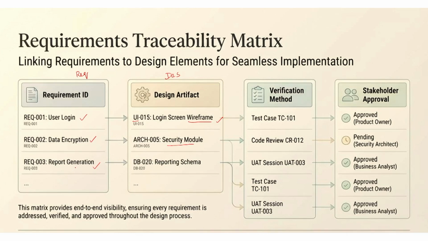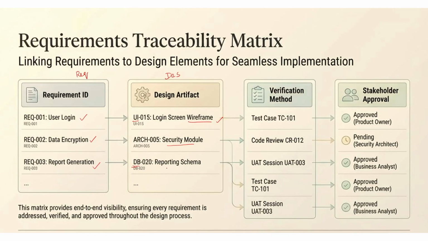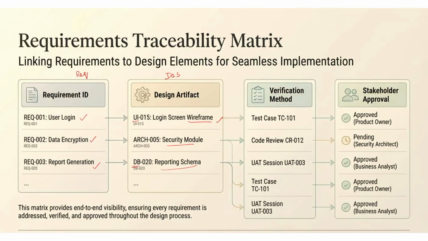Report generation should be something with respect to the data that is available. When it is considered as a design artifact, it is taken as DB, like a reporting schema that is available in your database. Next is going to be your verification, which is coming under your testing.